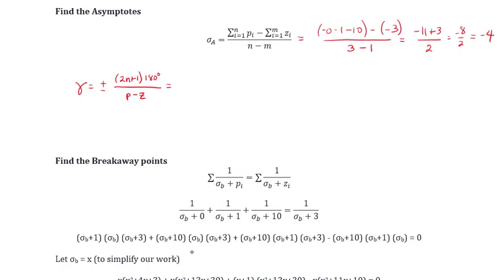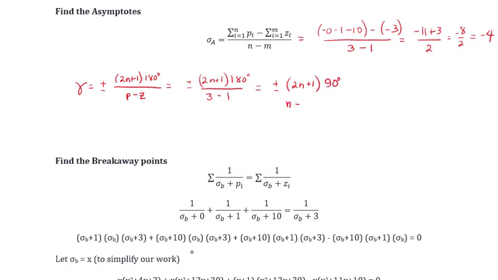So that's plus or minus 2n plus 1 times 180 degrees all over 3 minus 1. That's 2, so we can divide the 180 by 2. So that's going to be plus or minus 2n plus 1 times 90 degrees.